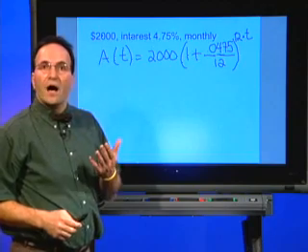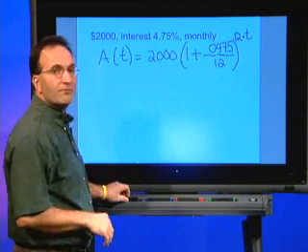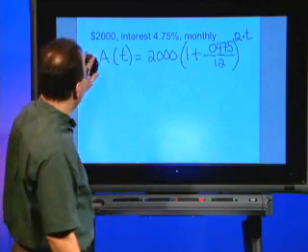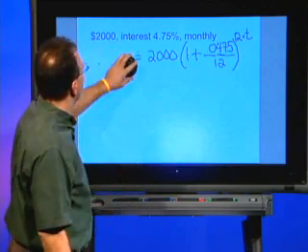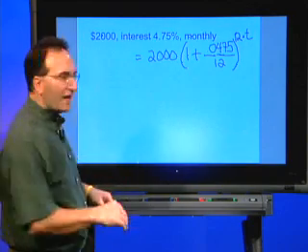And the amount that we're interested in is that it doubles. So therefore, I can simply erase the A of t and say, okay, what we're really looking for here is when it is 4,000.